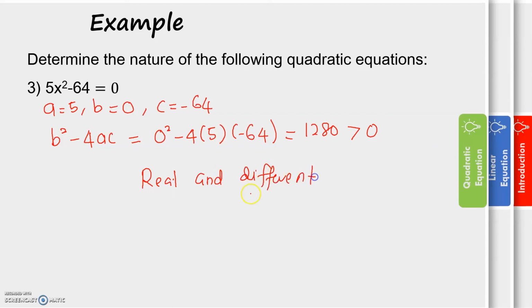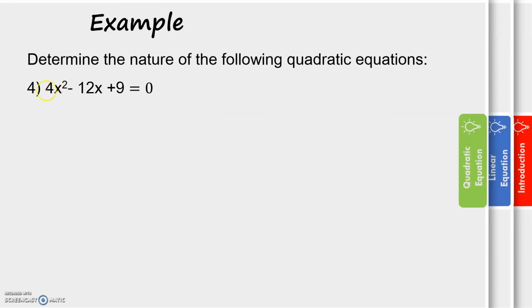Now let's determine the nature of the last example of a quadratic equation, which is 4x squared minus 12x plus 9. In this case, we have a equal to 4, b is negative 12, and c is equal to 9.